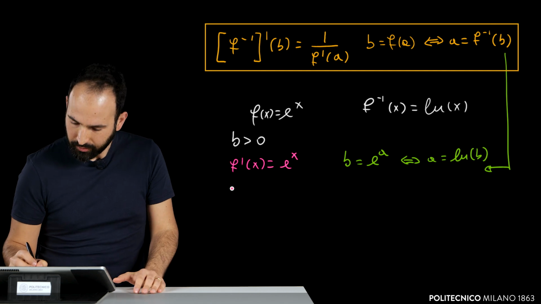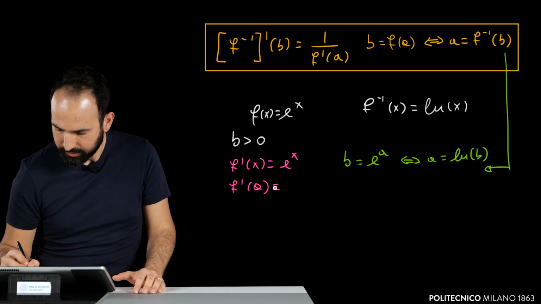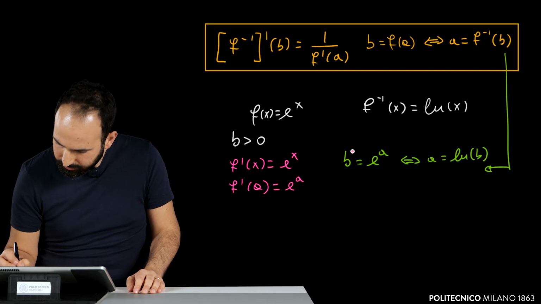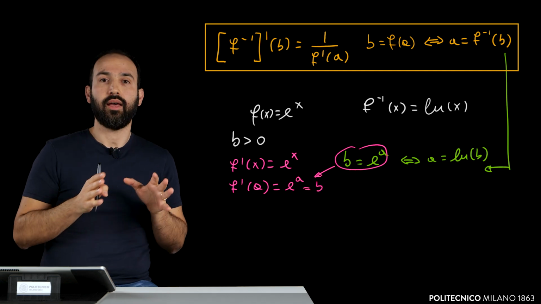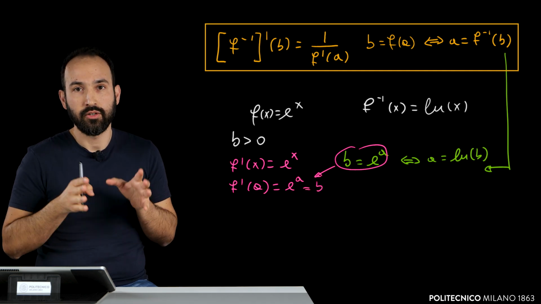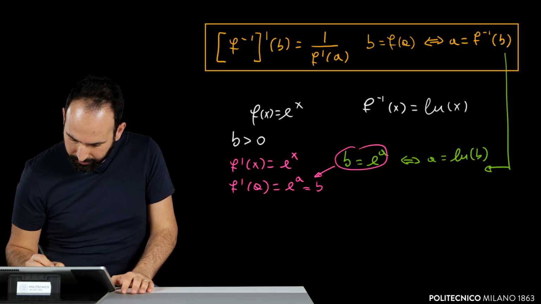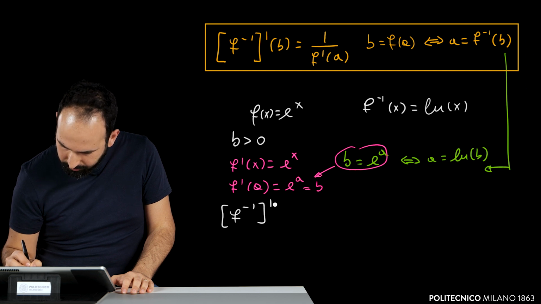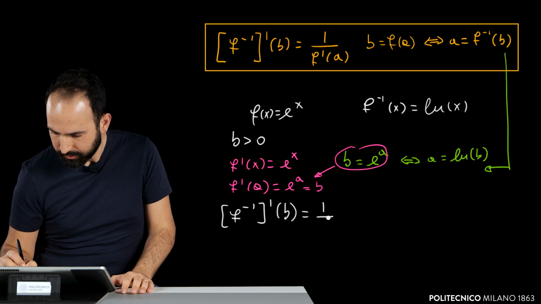So now we can compute f' at a, which is exponential of a, that is b. Since f'(a) is not 0, we can apply the inverse rule to get (f^-1)'(b) is equal to 1 over b.